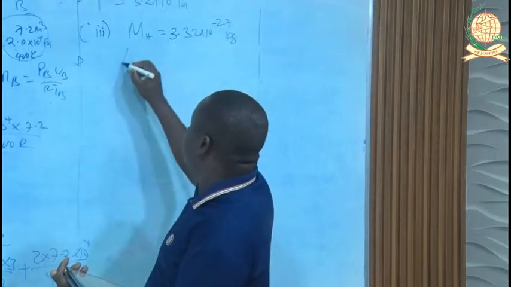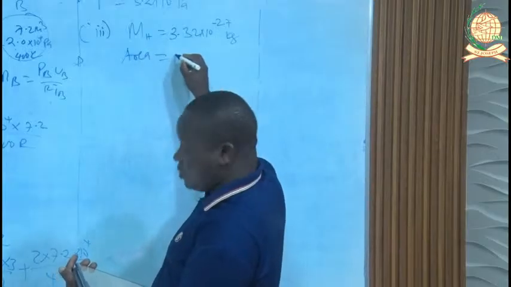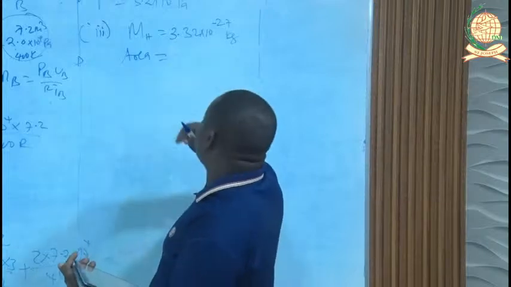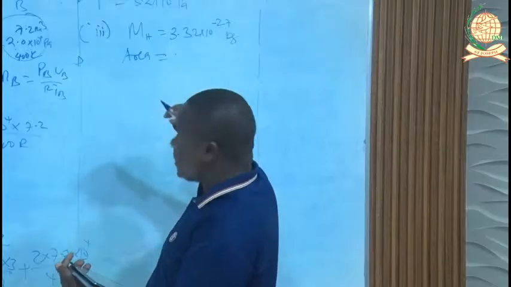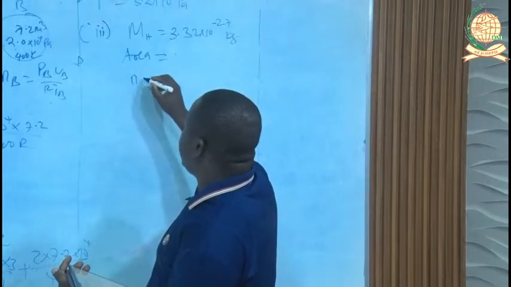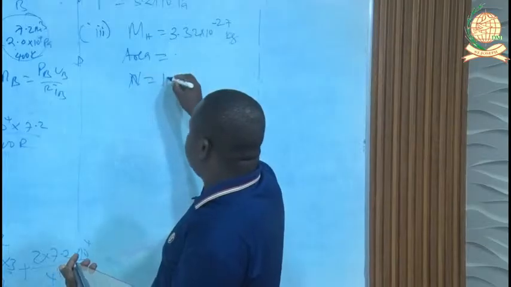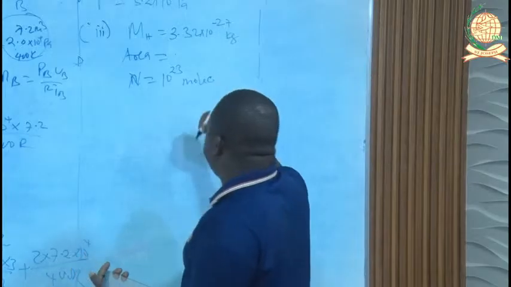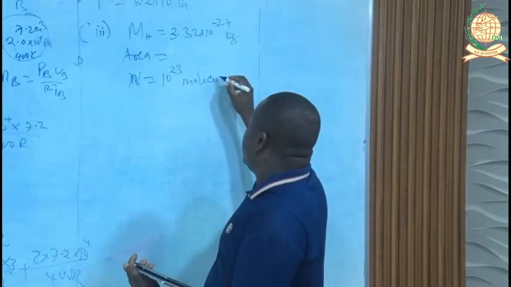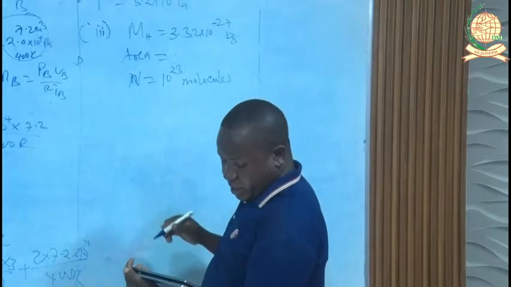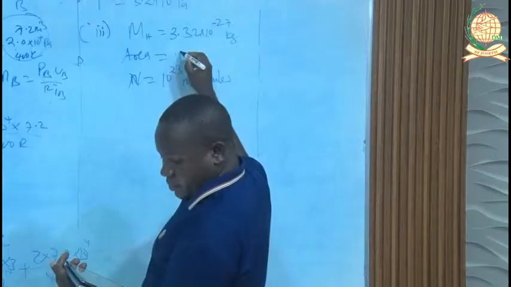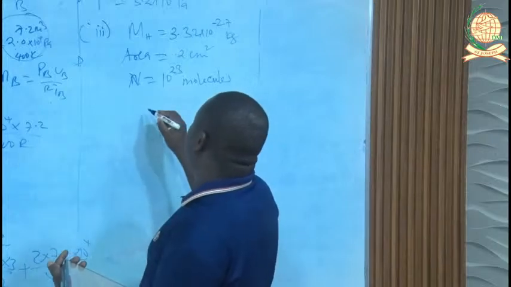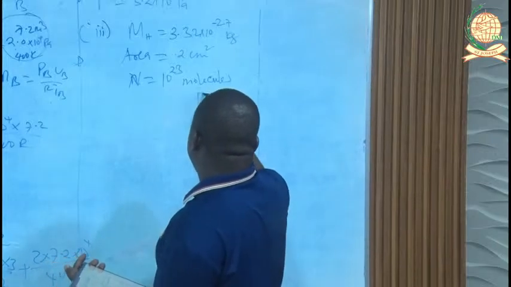If 10 exponent 23 molecules strike a fixed wall of area 2 centimeter square and at an angle, so we have this wall.